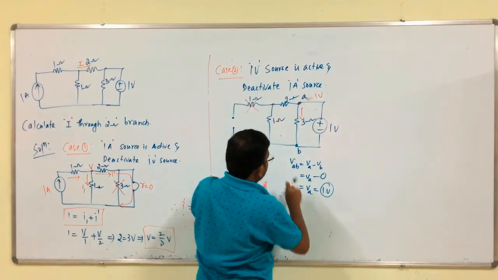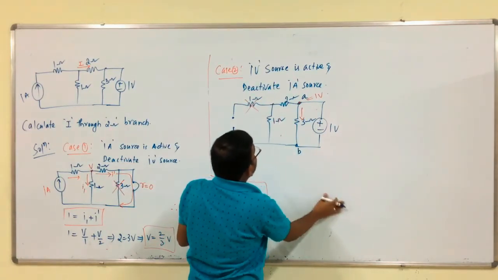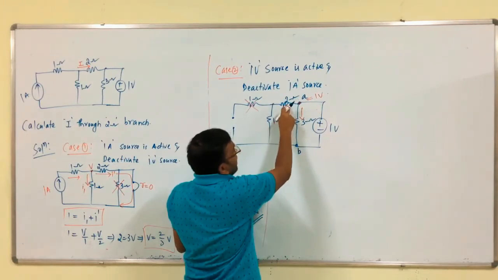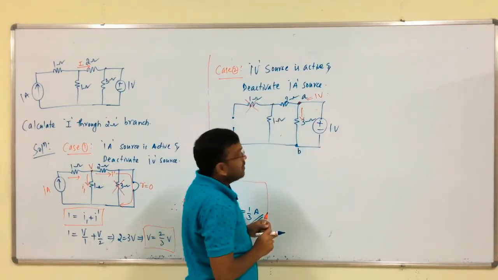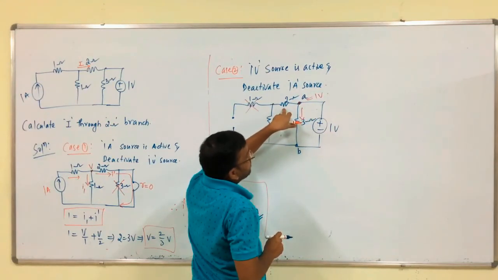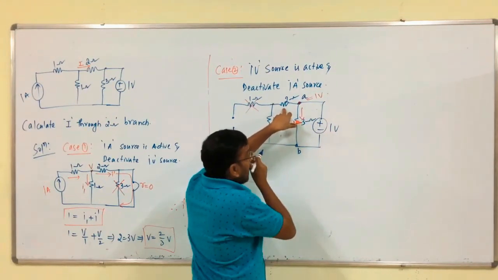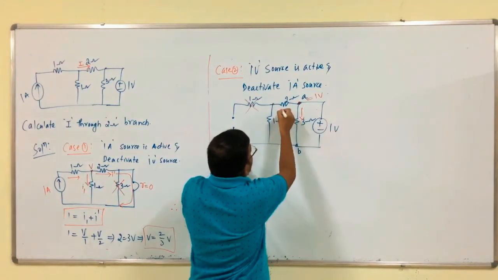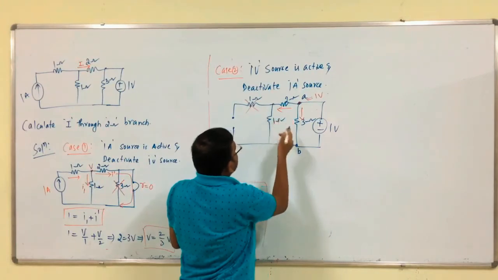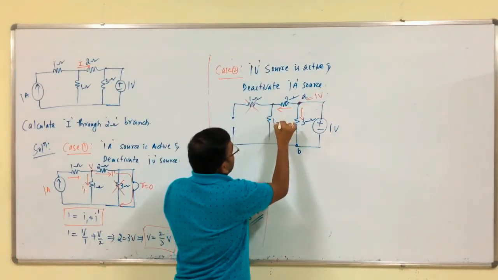So, this is 1 volt, and we are going to get the value of current through this branch. What is the value of current here? Simple, this is 1 ohm.